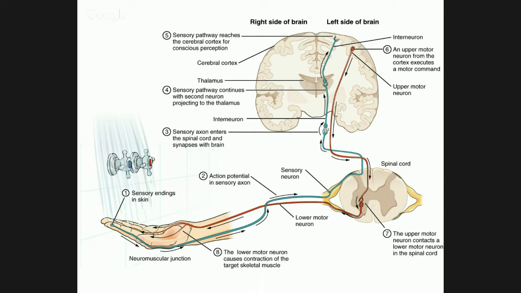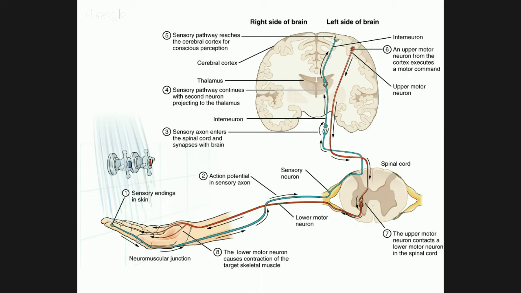Okay, so the temperature of your body should be 37 degrees Celsius. And if you expose the skin to something higher or lower in temperature, then there are sensory endings, dendrites of unipolar neurons, which will be activated by a difference in temperature.